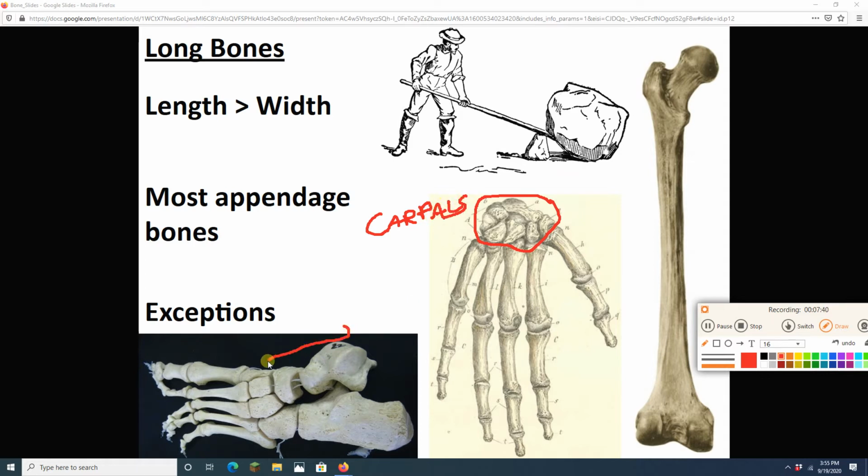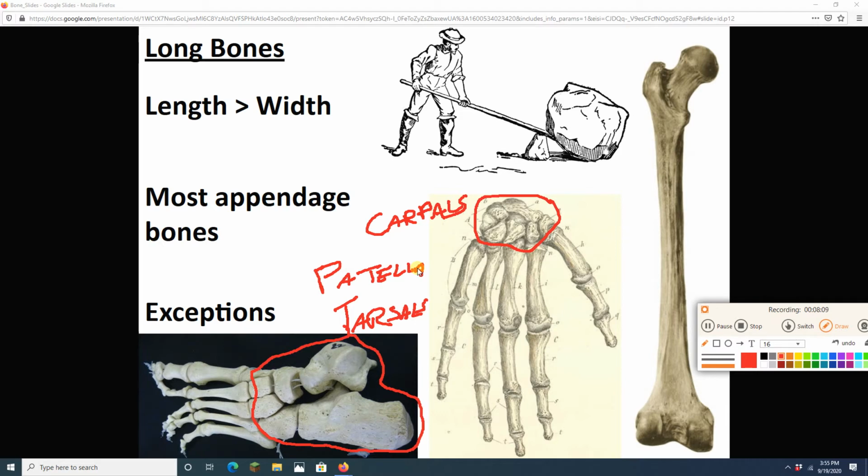Similarly, there's a group of 7 short bones in the ankle, and they are called the tarsals. So we've got these guys, they're exceptional, plus your kneecaps, and we know the better word for a kneecap is a patella. But all your other bones in your limbs are long bones.